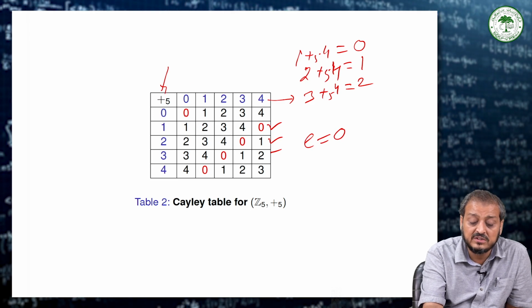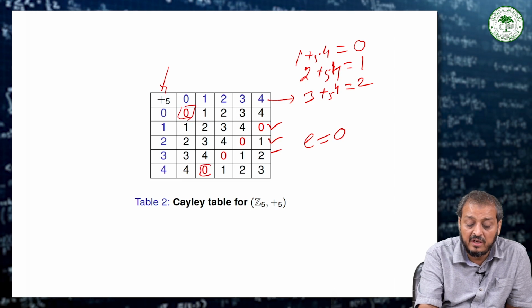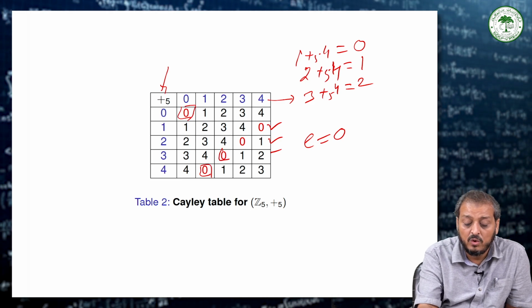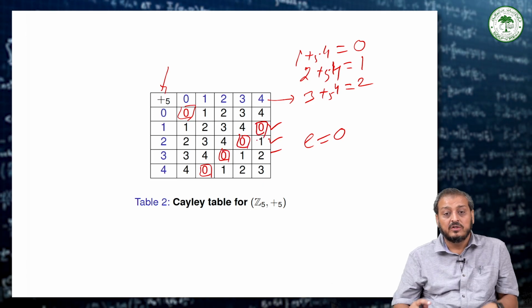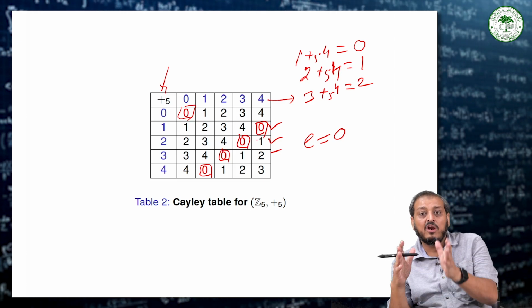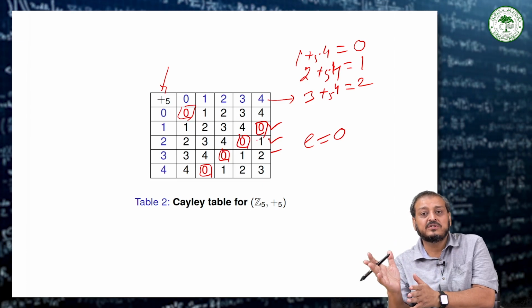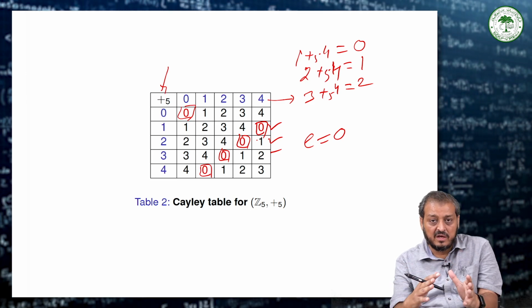Column-wise, only one 0 is appearing, and again in this row. You can see clearly that each and every row and column uniquely has 0 present. That means we can say that the identity element is here.